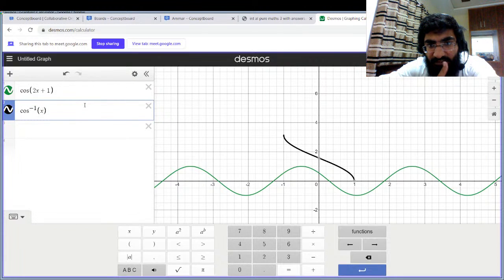The other thing is its highest point will be 1.57. It will intersect the x-axis at pi by 2. And what else? It will be a curve.